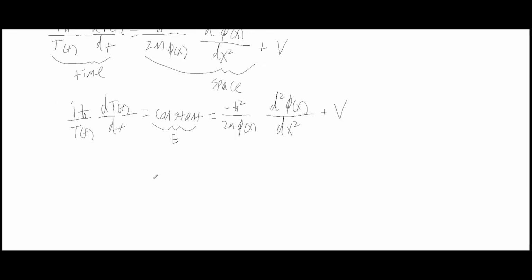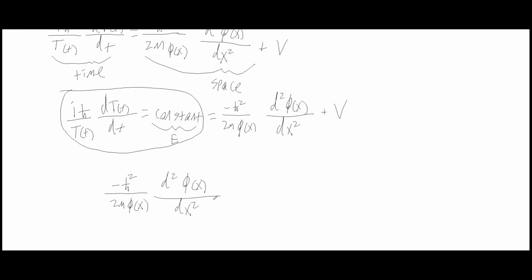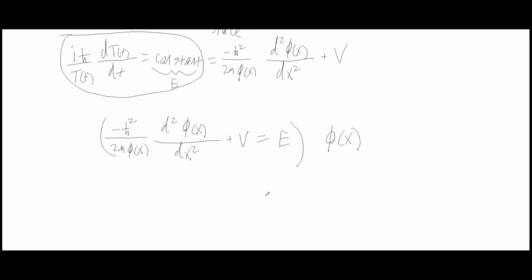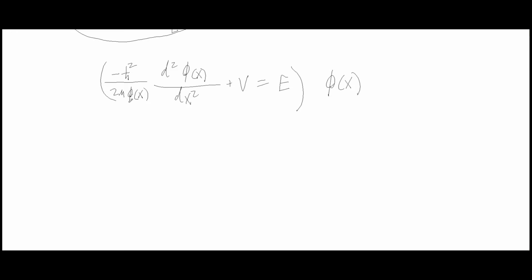So then if we just use this right here, we can say that minus h bar squared over 2m phi as a function of x, d squared phi as a function of x with respect to x, plus V is equal to E. And so from here, what we can do is multiply everything through by phi of x, and what that does is it'll cancel out right here and multiply both of these sides by phi as a function of x.